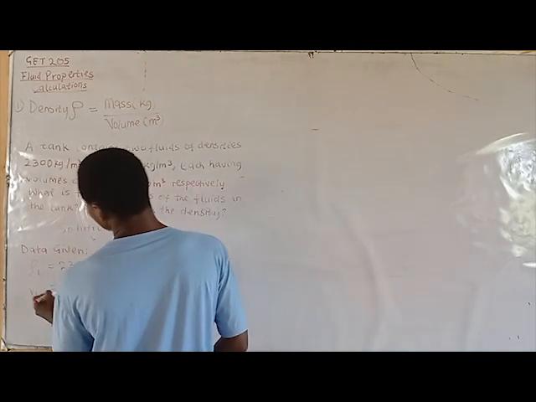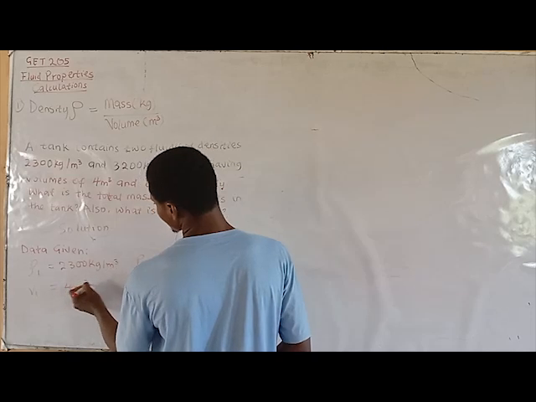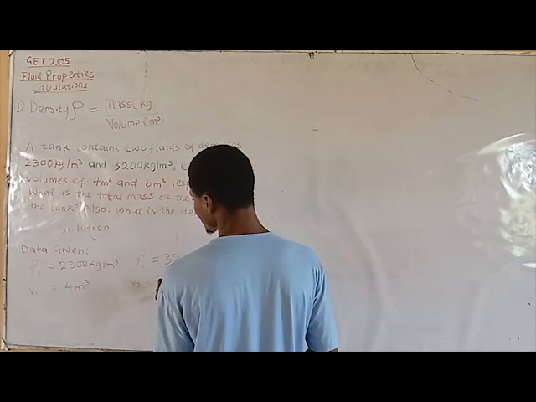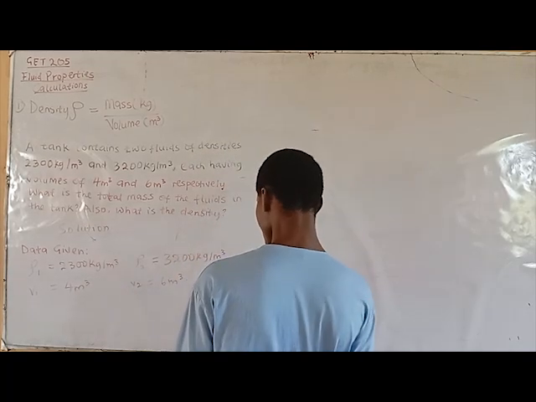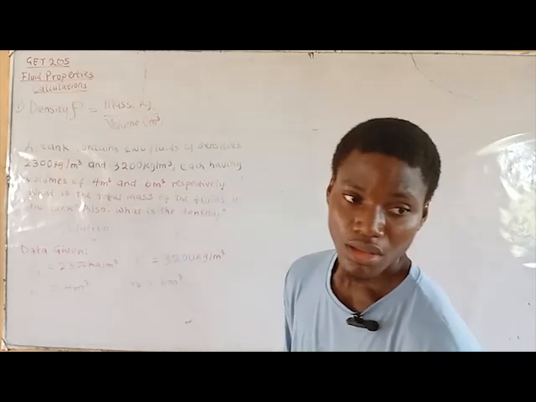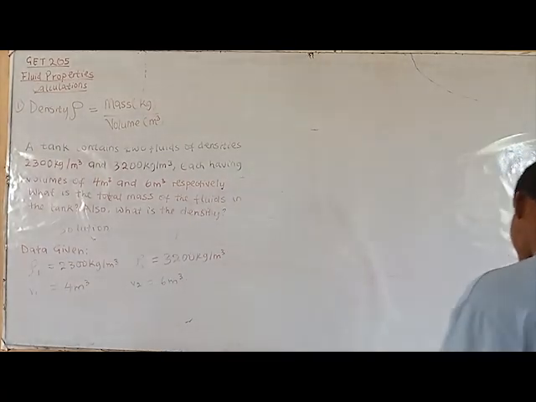Volume 1 given equals what? Volume 2 given equals what? Now, what we need to do is we need to find the mass and then we find the density also.